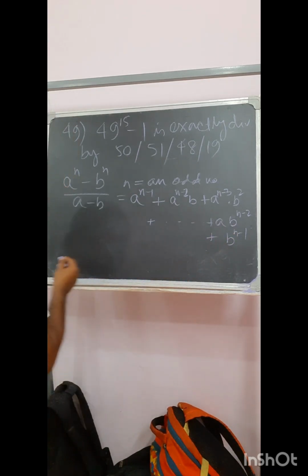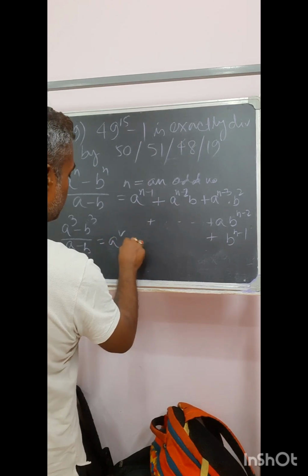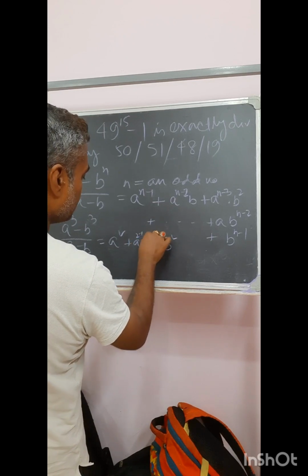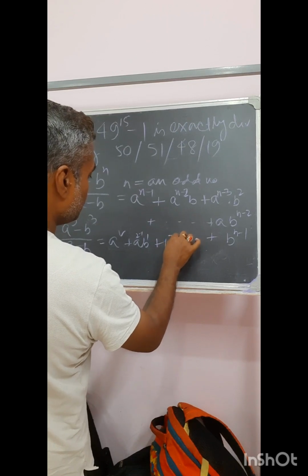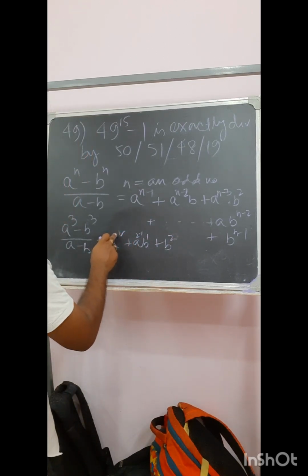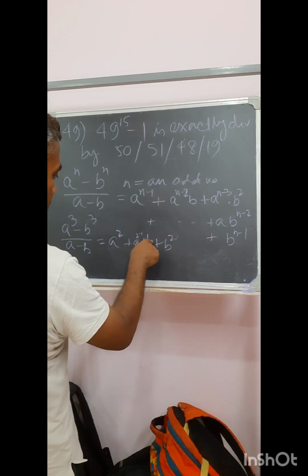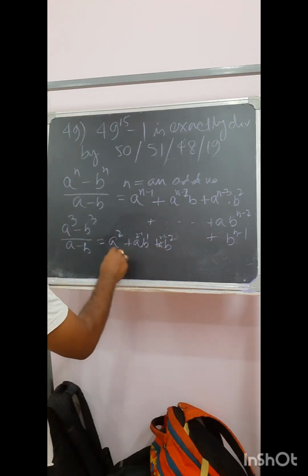This can be established by your similarity rule. Take a square minus b square and a cube minus b cube; if I divide by a minus b, it will be a square plus ab plus b square. You can see the power of a reduces by one each term and the power of b increases, and a will be exhausted, 2 minus 2 meaning 0.